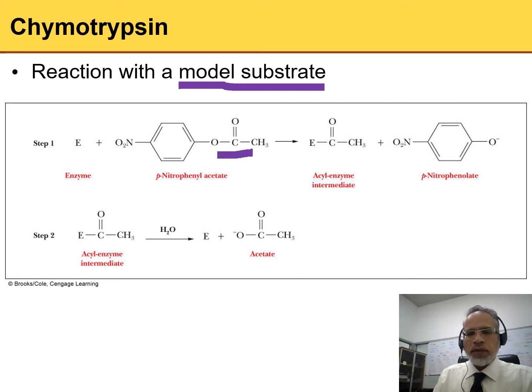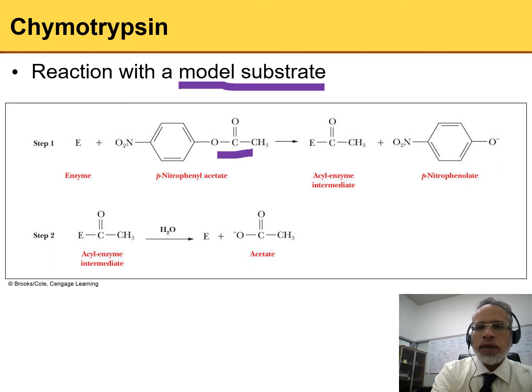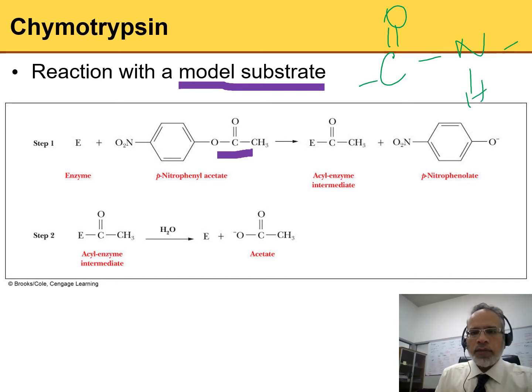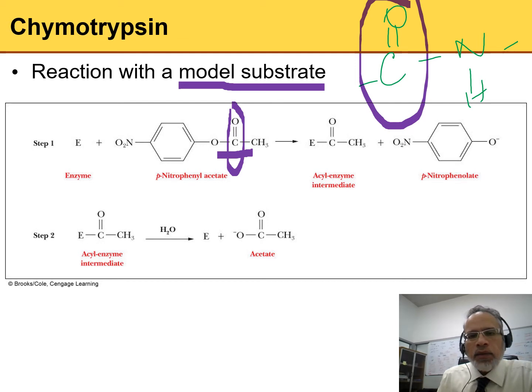A peptide bond, we said, has to have a C double bond O N H, that kind of thing. So you have a carboxy group here that can look like a substrate. So to the enzyme it looks similar, and this is the enzyme.